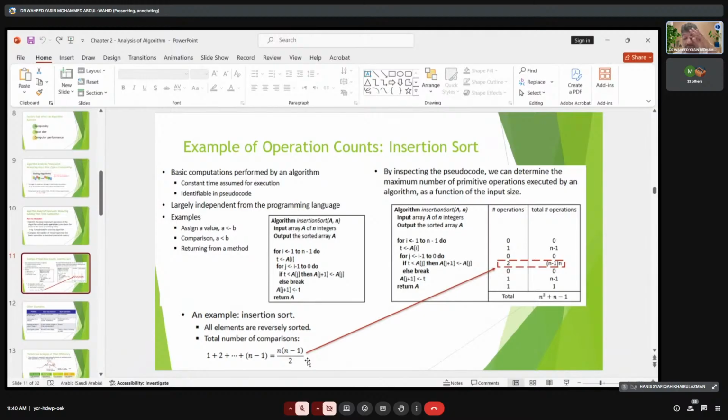This is an example. We will see how we get and solve this kind of analysis. Here operations and here total number of operations. So here n minus 1, here n power 2 plus n minus 1.